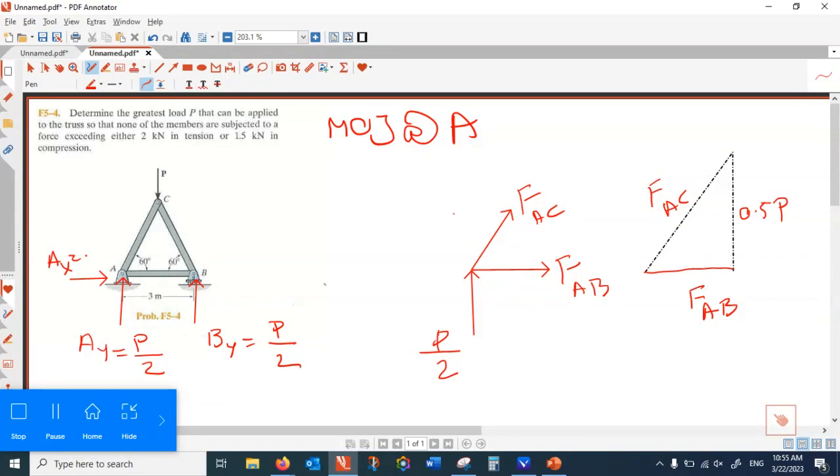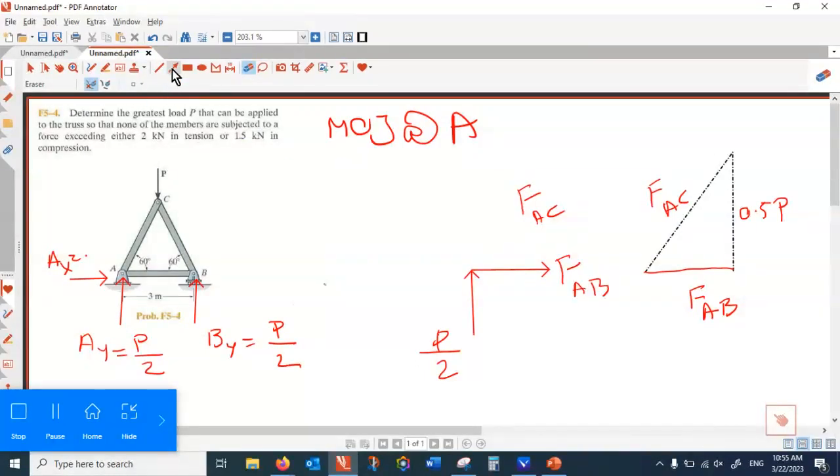Okay, so it is more feasible to have FAC at compression, AC at compression, and AB at tension. Why? Because just imagine what happens to those members. When you apply the load, AC would be trying to become shorter, right?